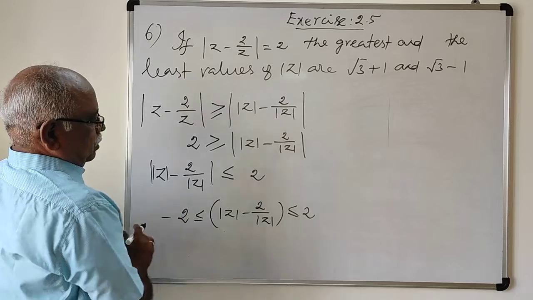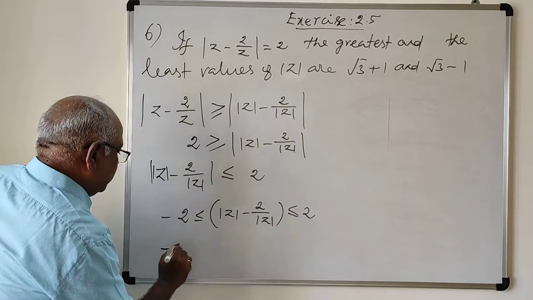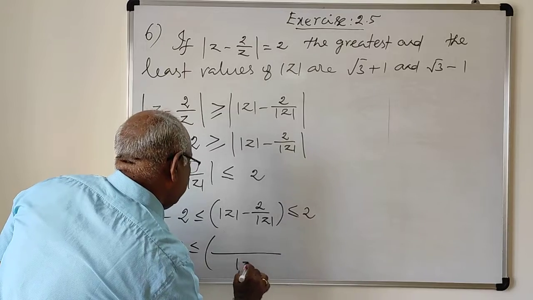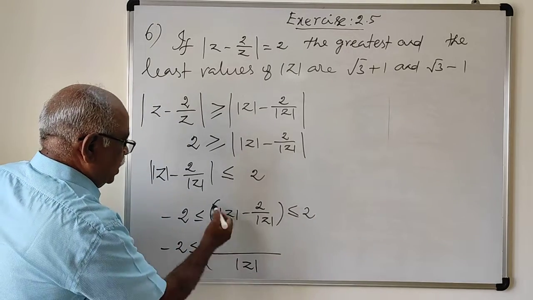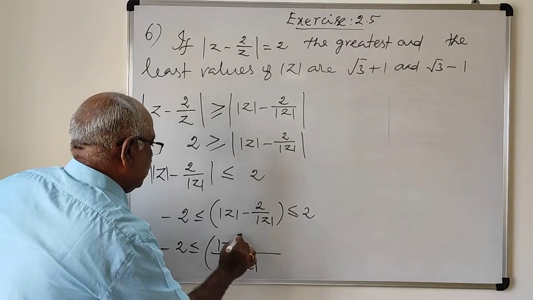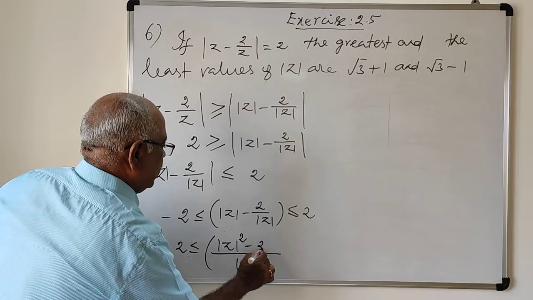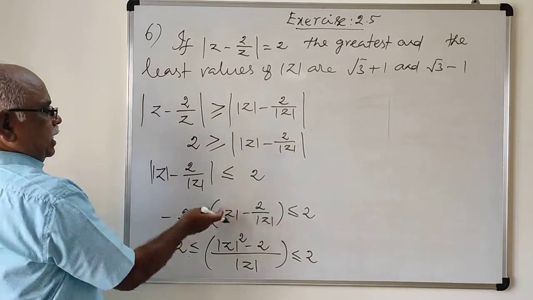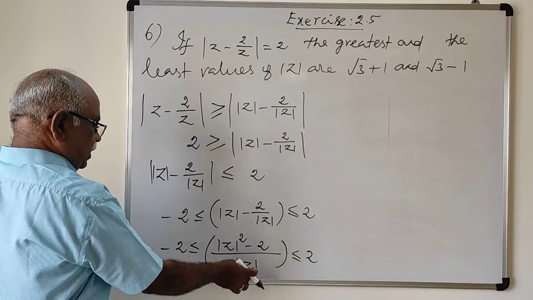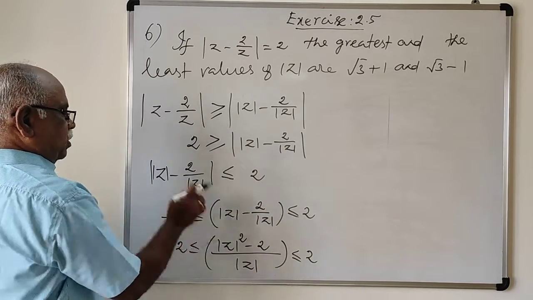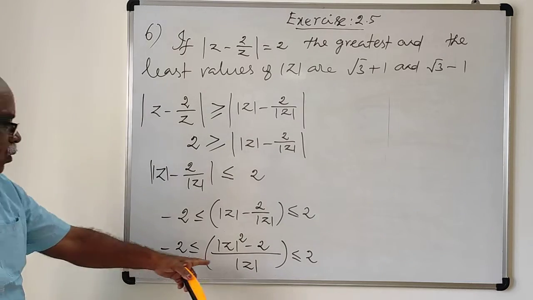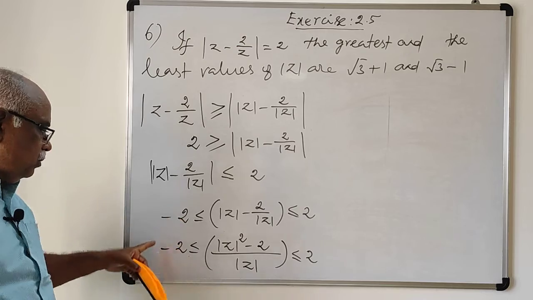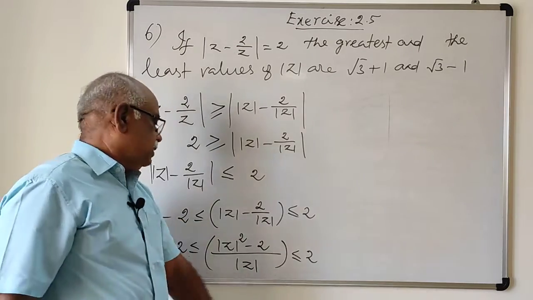This is the principle. Again, minus 2 is less than or equal to... you can take mod z as a common denominator. In the numerator you get mod z square minus 2, which is again less than or equal to 2. By taking the LCM in the denominator, you get mod z into mod z, which is mod z square. Now you bring this mod z in the denominator to the left hand side and to the right hand side.